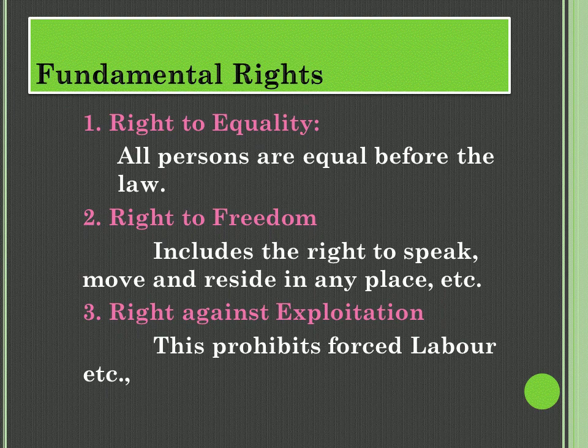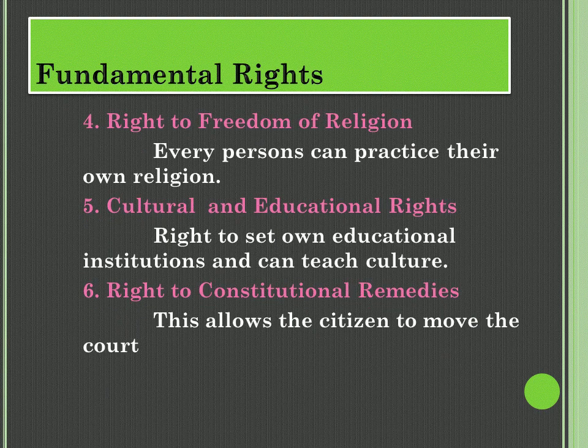Right against exploitation. This prohibits forced labor. Right to freedom of religion. In this, every person can practice their own religion. Fifth one, cultural and educational rights. Right to set up own educational institutions and teach culture. Right to constitutional remedies.